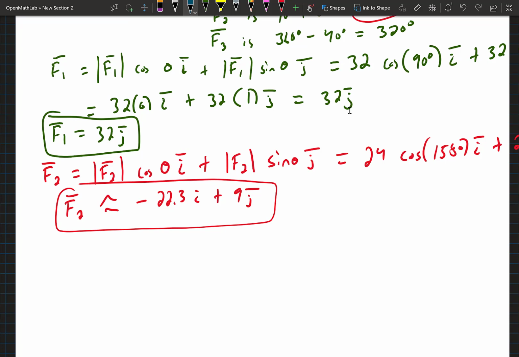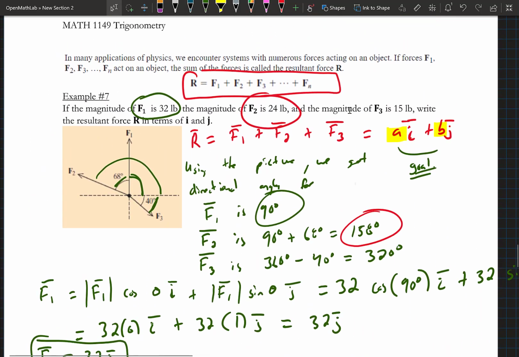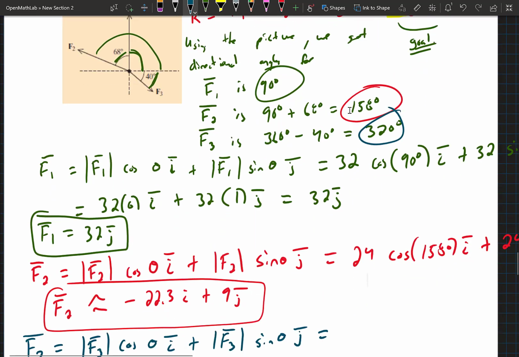And then lastly for F3, this is the magnitude of F3 times cosine theta times vector i plus the magnitude of F3 times sine theta times vector j. The magnitude of F3 is 15, and theta is 320 degrees.